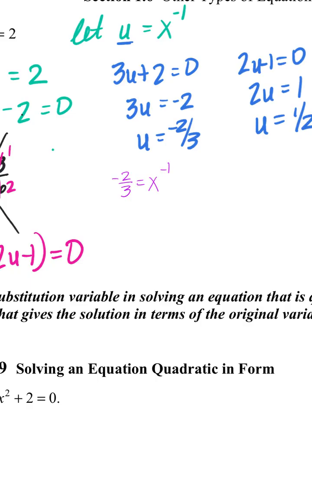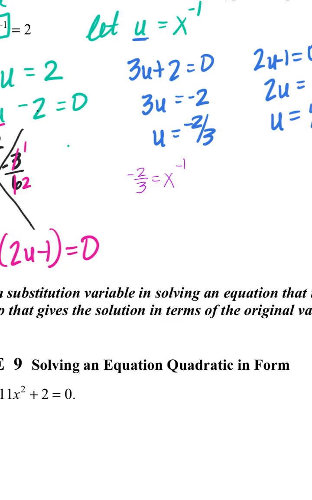All right, so if we have x to the negative 1, that is the same thing as 1 over x. So let's go negative 2 over 3 is the same thing as 1 over x.